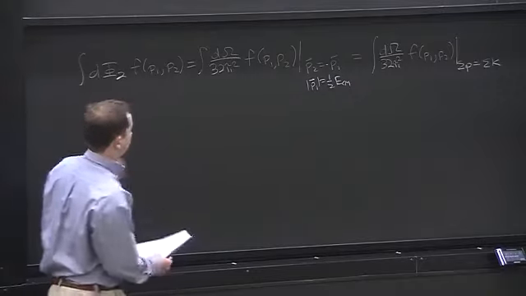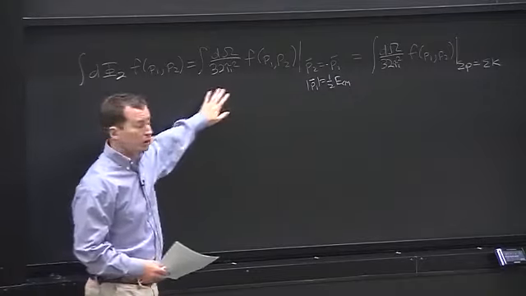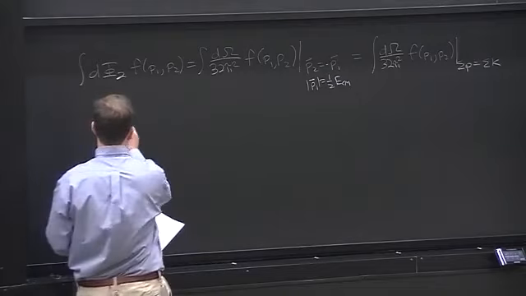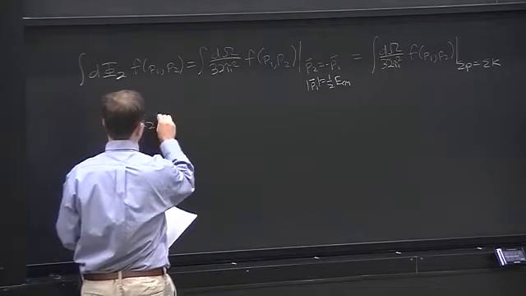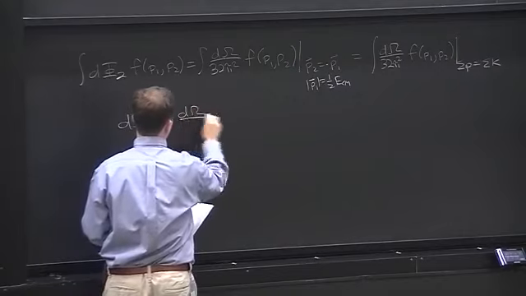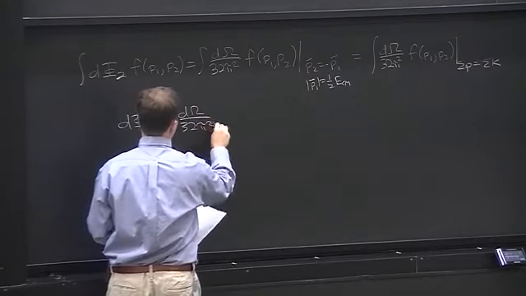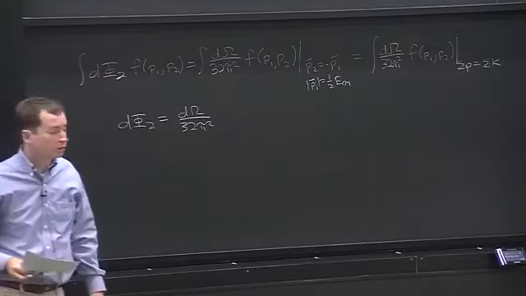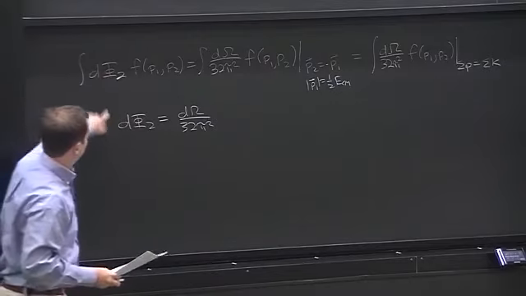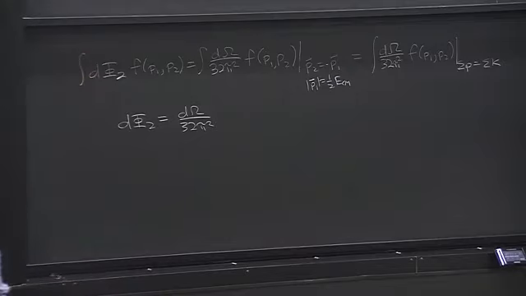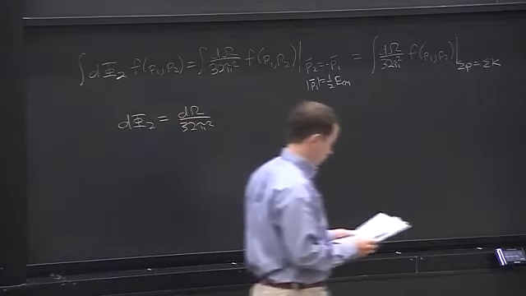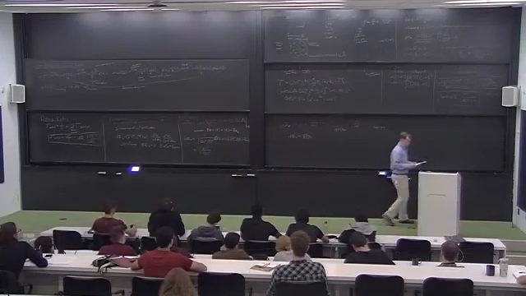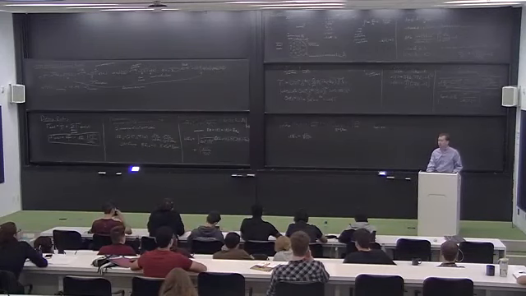And so you often see this abbreviated as d phi 2 is d omega over 32 pi squared. And that's what this equation means. This equation really means the one above. Any questions on that?